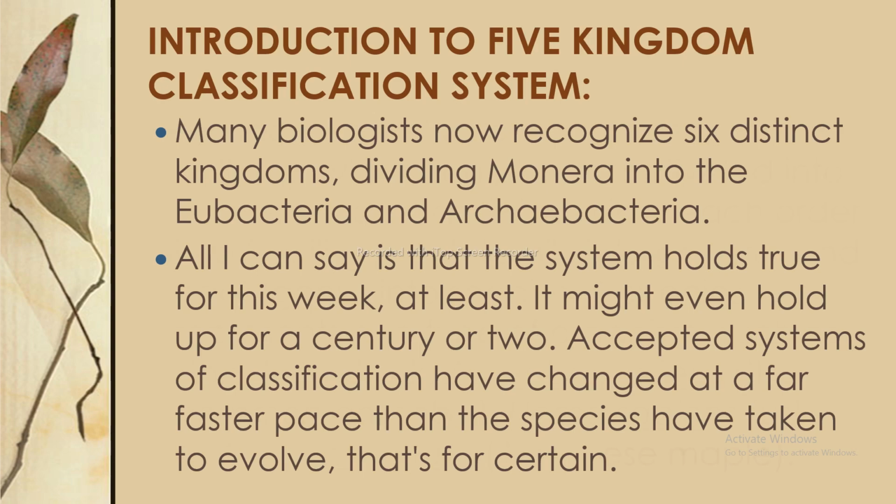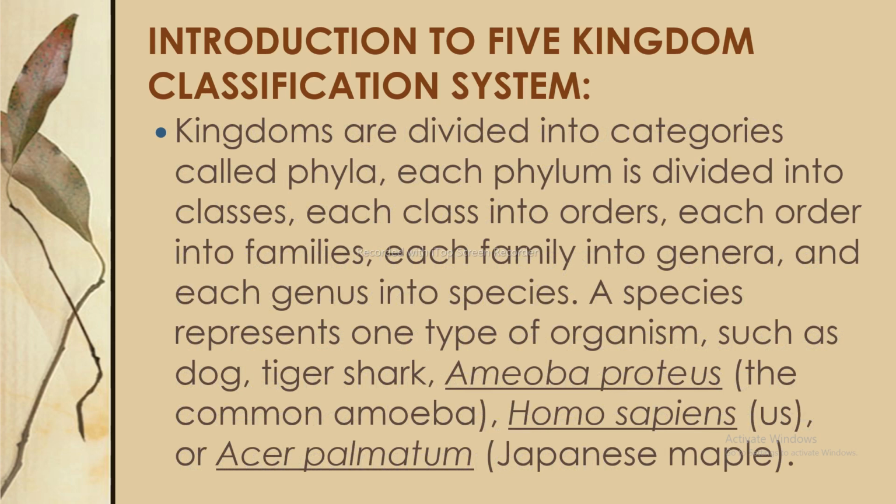That's for certain. Kingdoms are divided into categories called phyla. Each phylum is divided into classes, each class into orders, each order into families, each family into genera, and each genus into species. A species represents one type of organism, such as dog, tiger, shark, which is also called the amoeba, Proteus, the common amoeba.